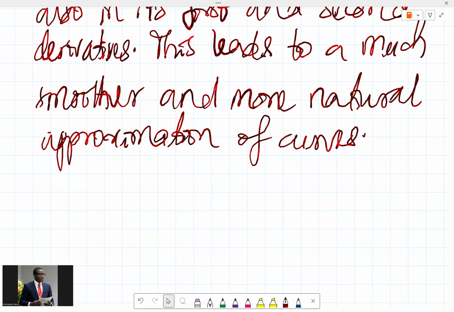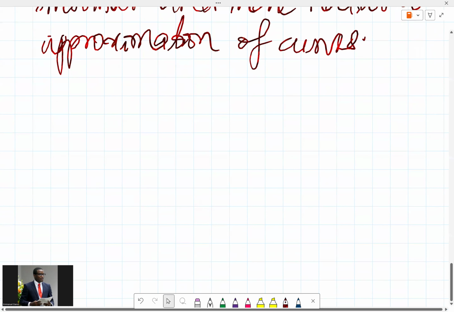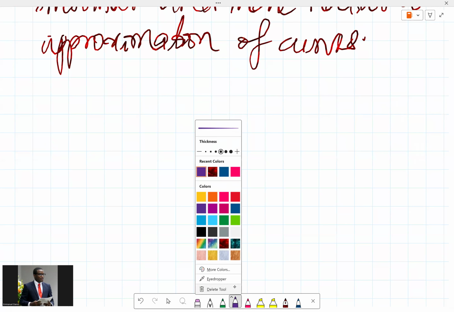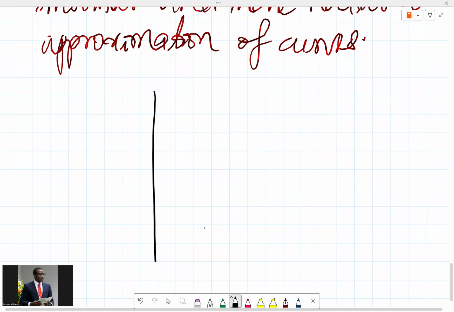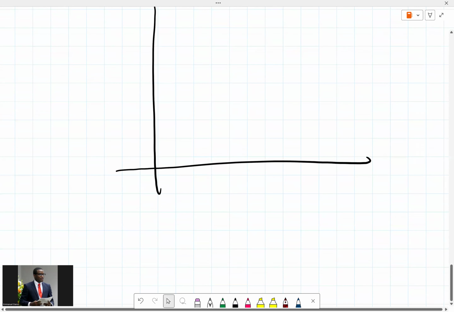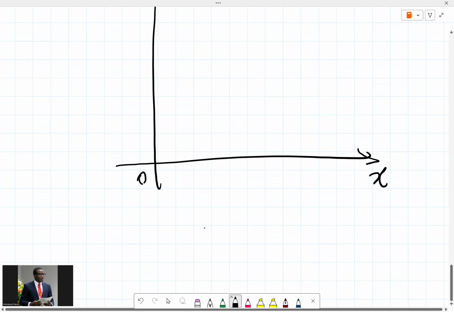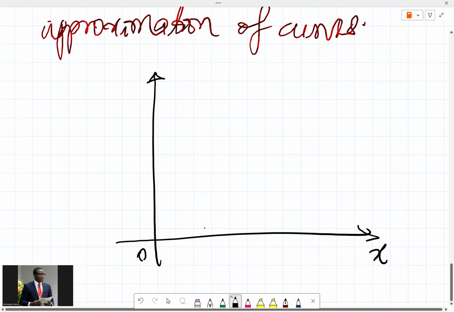To drive the point home, imagine that you have something like this, and this is your x, this is the origin, and this is f of x or y. The whole idea of interpolation is that you have different points.